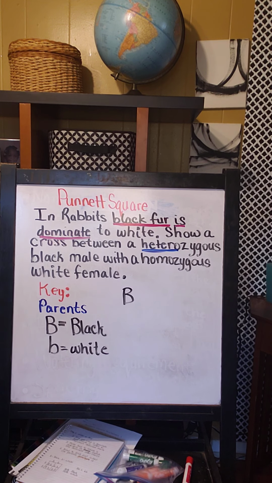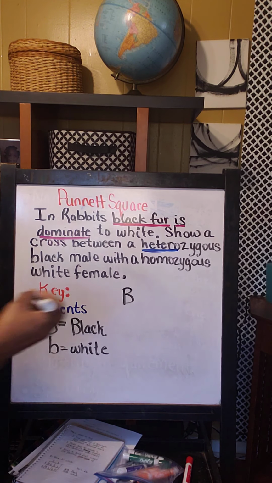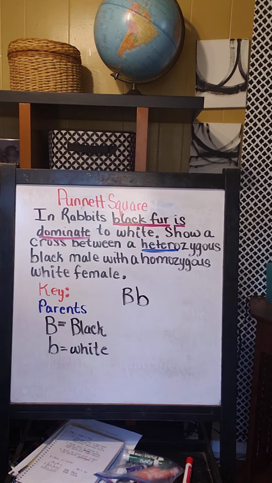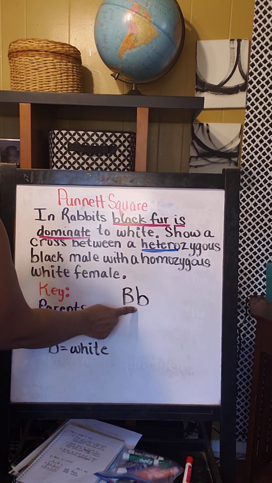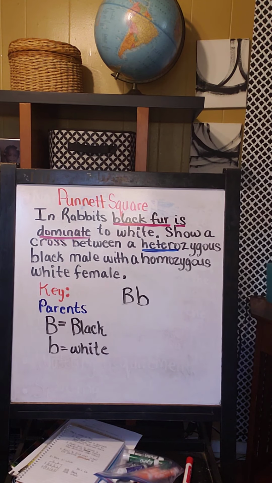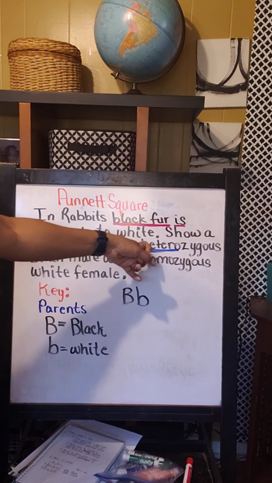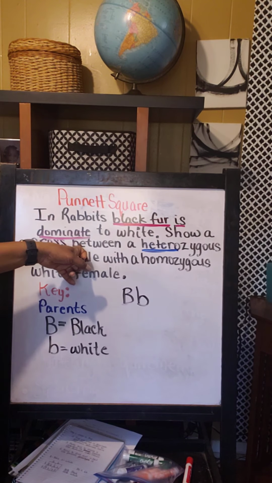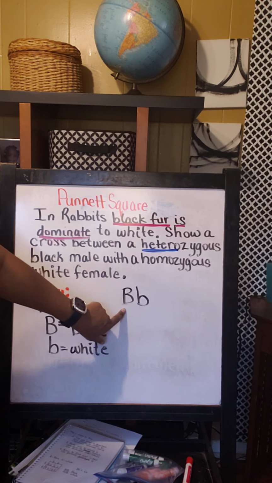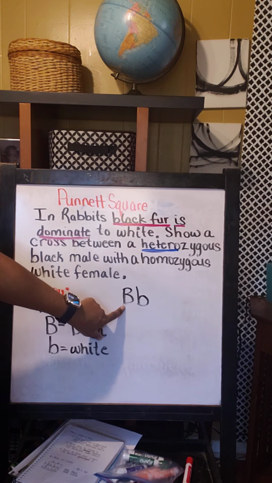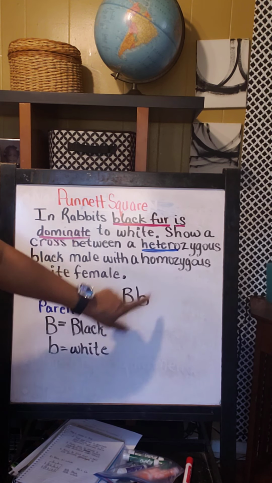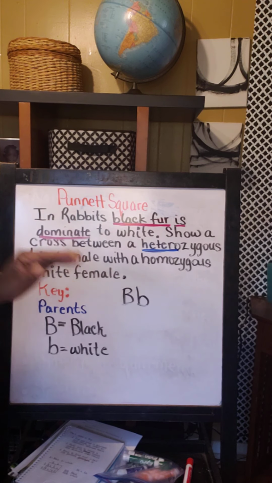But he's heterozygous. So that must mean that he also has an allele that is different from this dominant capital B. Okay, so now we have: show a cross between a heterozygous black male. This is the heterozygous male. How can I tell? That black dominant trait. And it says he's hetero. Hetero means different.